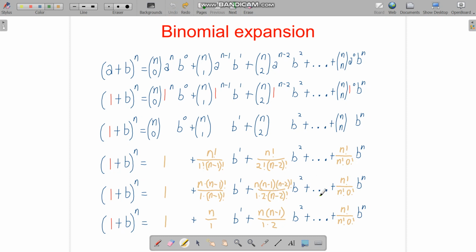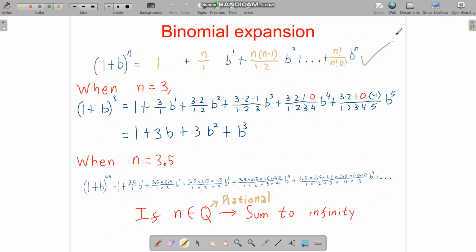So we have n only, n times (n minus 1), and here we have n times (n minus 1) times (n minus 2), all the way to 0. And so this is exactly the same. The last line is exactly the same as this first line here.